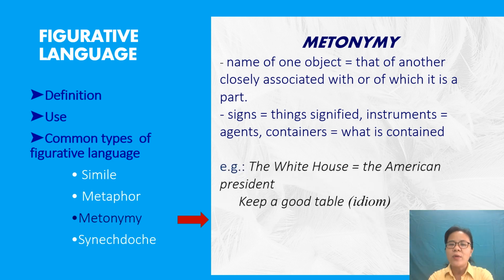When we mention the White House, we want to imply the American president. Keep a good table. We cannot agree that the table has a quality of being good or bad, but here it means the manner at the dining table.